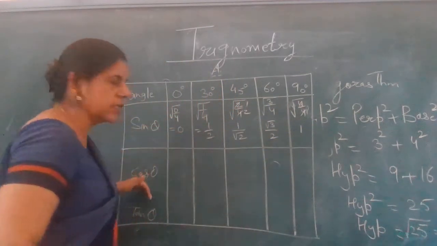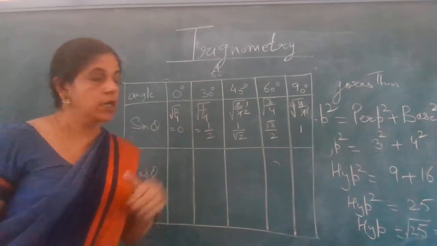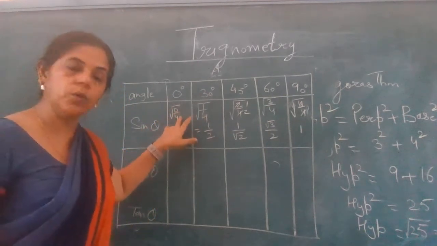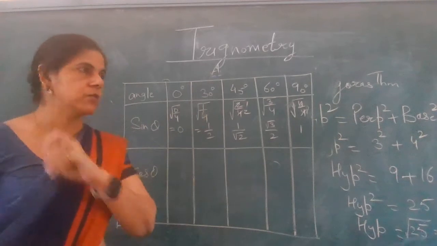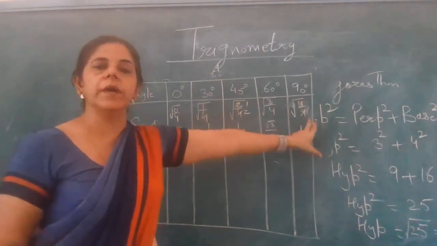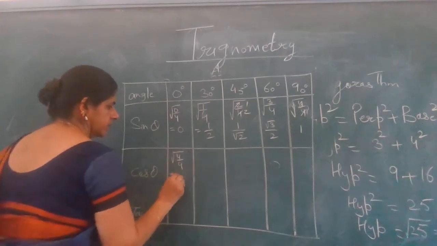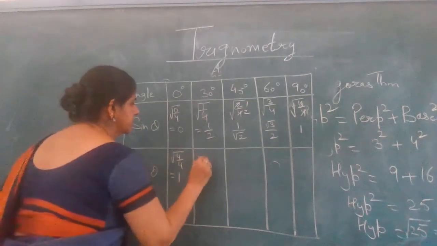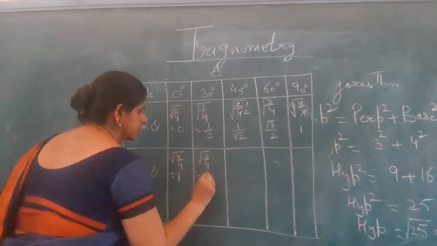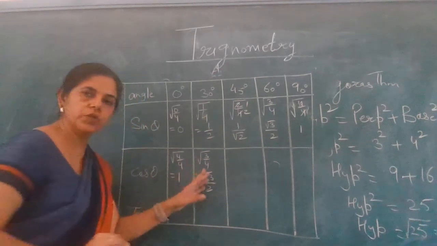For cos theta, we do the reverse. Here we started from 0, but for cos theta, only this part is to be remembered. We'll write 4 by 4 first. Now let's see. So it is 1. It is root 3 by 2.